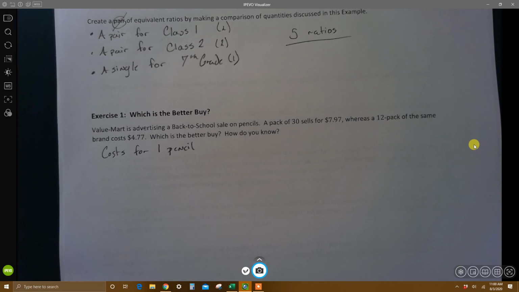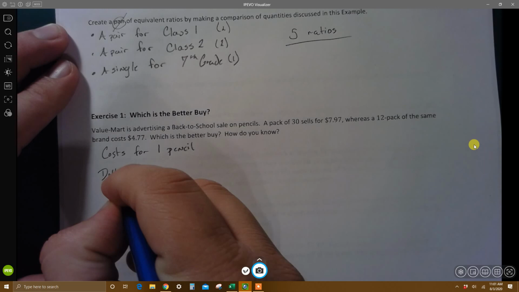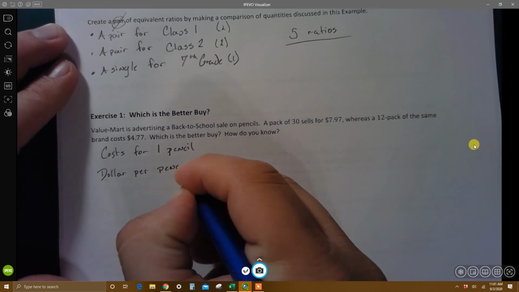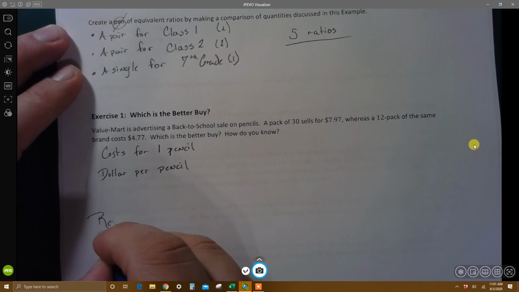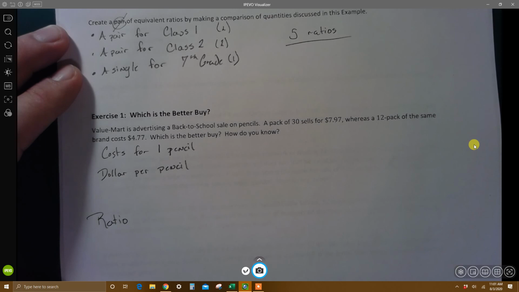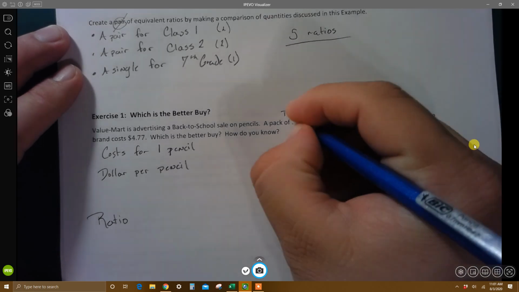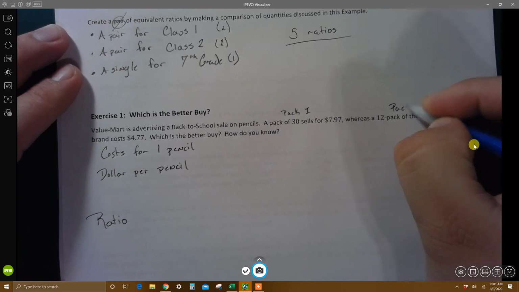All right. So we're looking at the dollar amount per pencil. The first thing I need to do is set up my ratio. I'm going to call this pack 1, and this one pack 2.